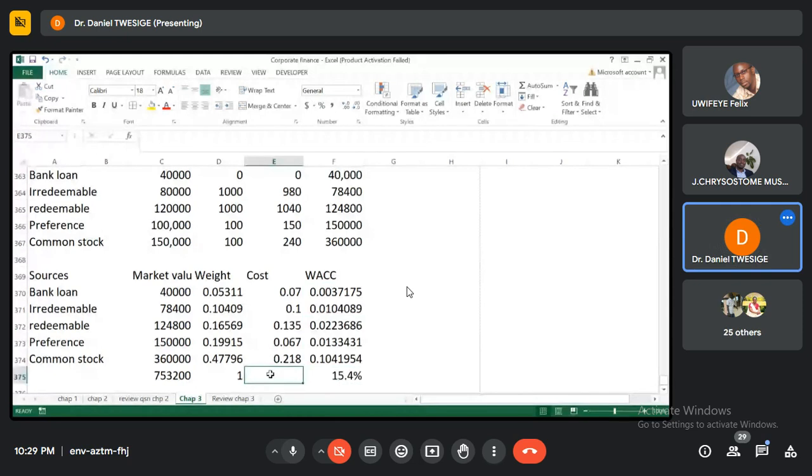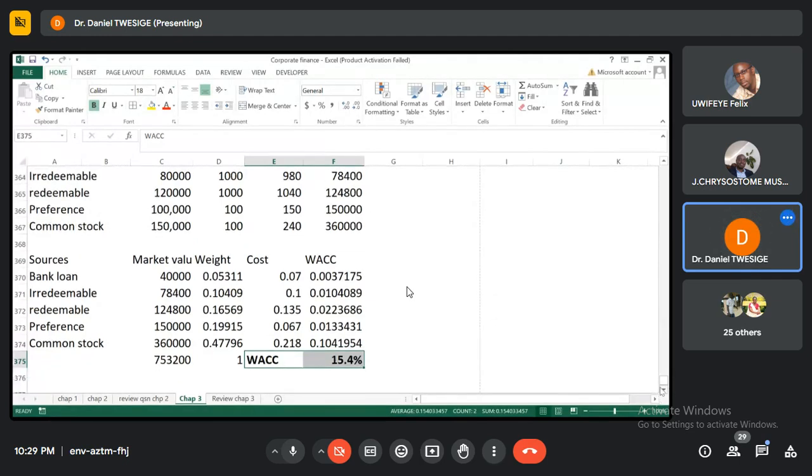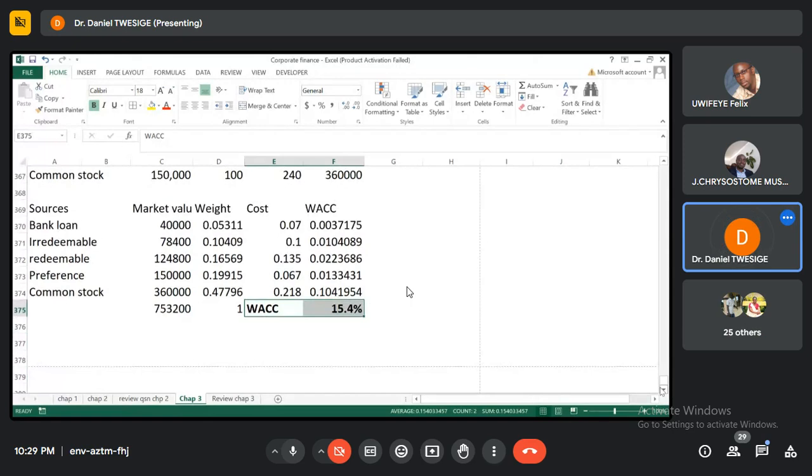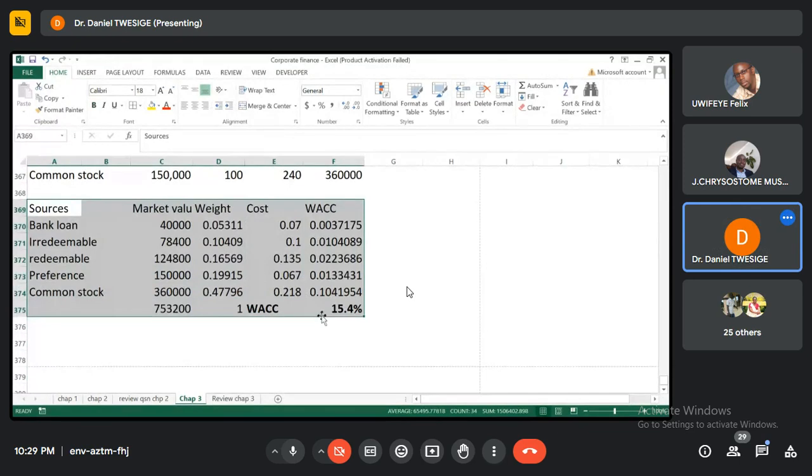This is my WACC. That is one way to do it. The other way, which is also not hard, is if I want to use this.